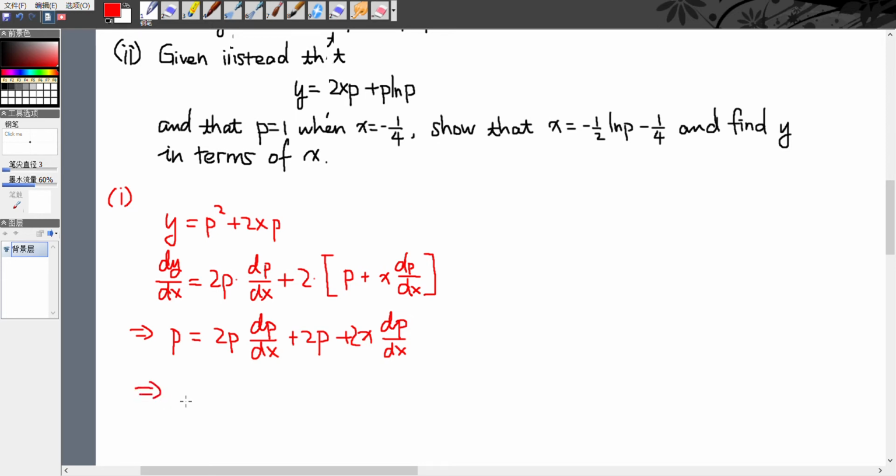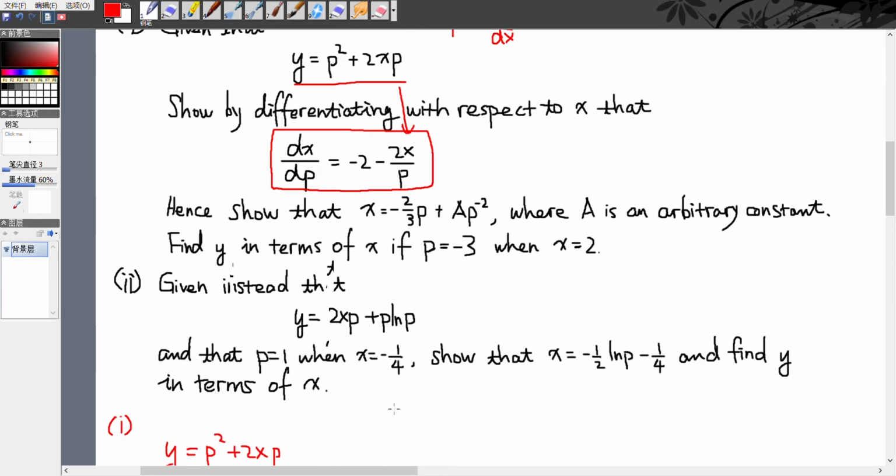And next, we have negative p equals 2p plus 2x times dp by dx. And remember, the question is asking us to have this equality.